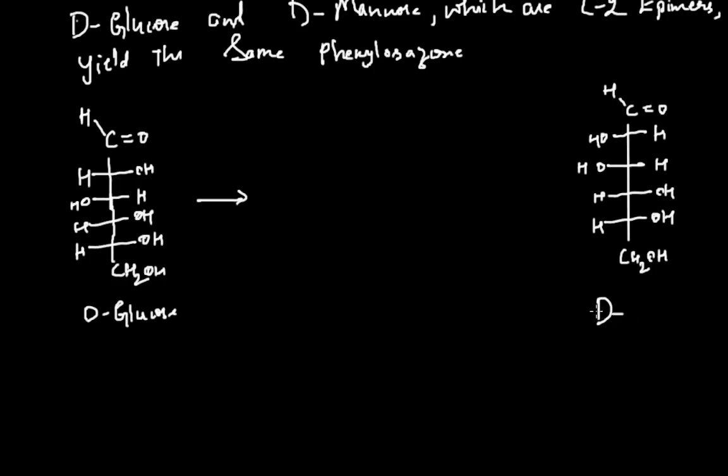This is D mannose. Now when both of them react with 3 moles of C6H5NH2, that is 3 moles of PhNHNH2, you end up getting the same phenyl osazone.